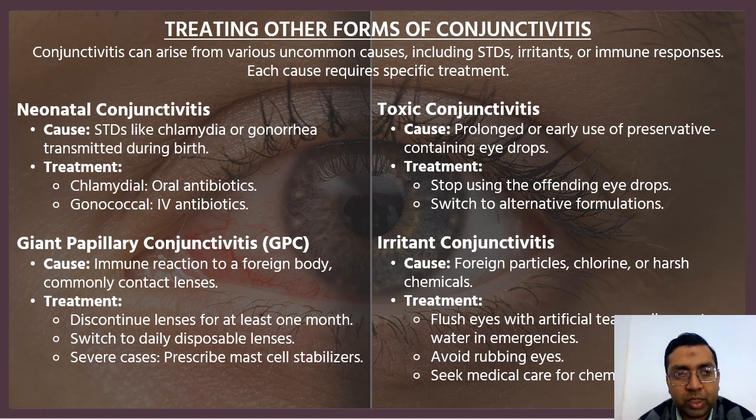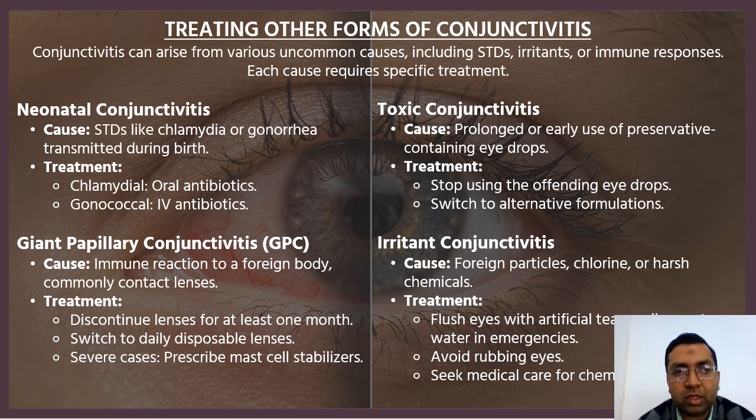They may stimulate the release of histamine, and ultimately the allergic reaction may start. So discontinue lenses for at least 1 month and switch to daily disposable lenses. Prescribe a mast cell stabilizer, because it will stabilize the mast cell. Ultimately the mast cell will not burst, release of histamine will not take place, and conjunctivitis symptoms will not appear.